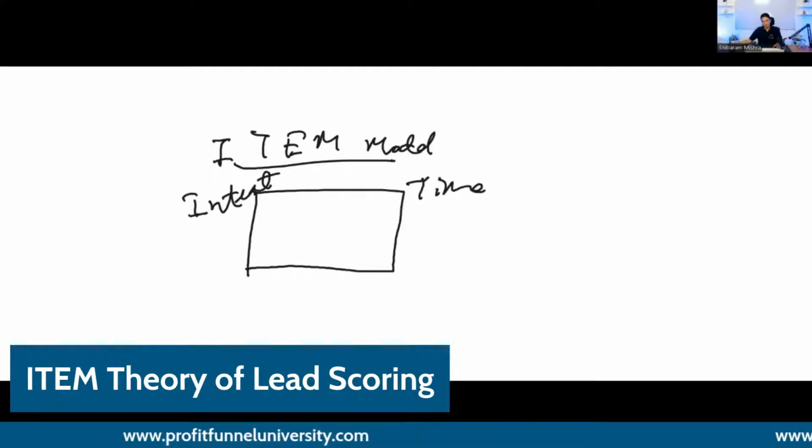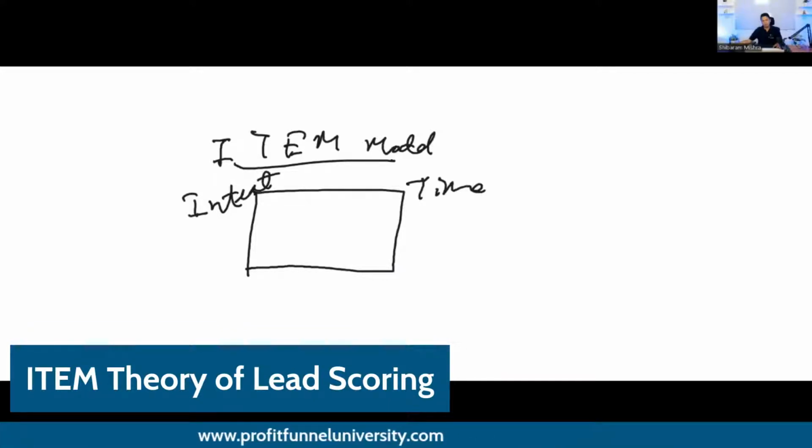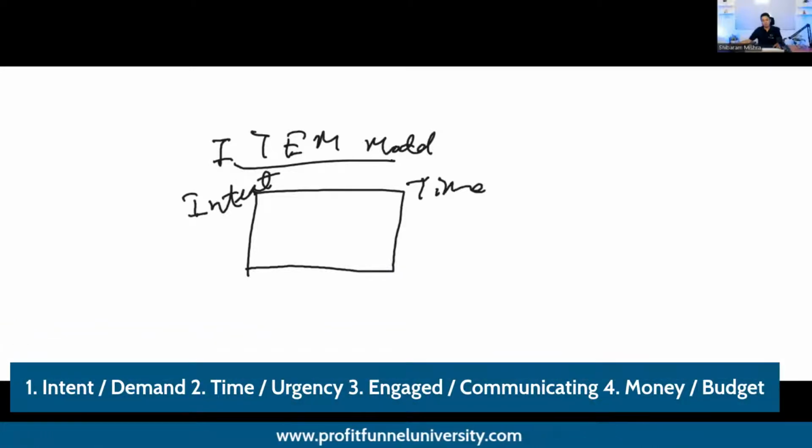The last is the money factor. Let's say they have intent, they have urgency, they are engaged, but if they don't have a budget, they will not buy. These four things are equally important: intent, time, engaged or not, whether they have money or not. So you can say this is budget or not.